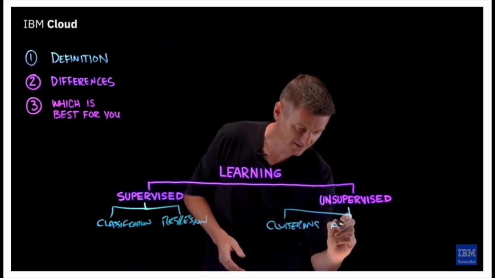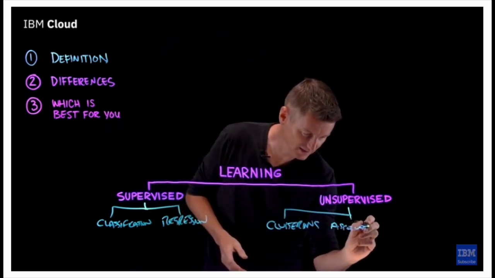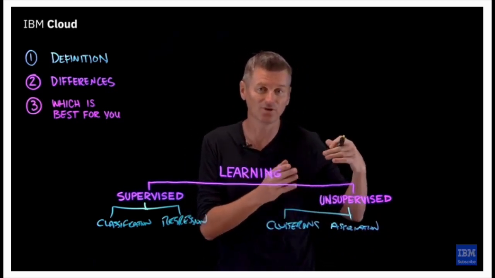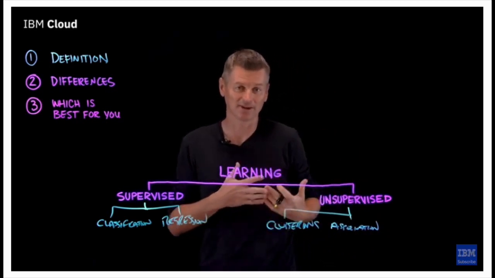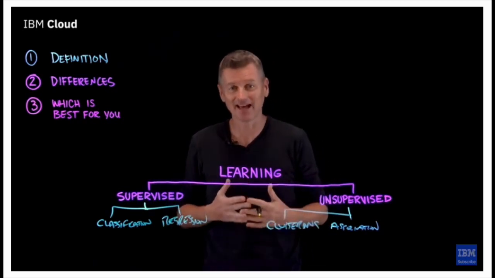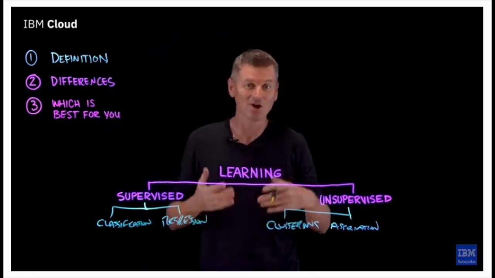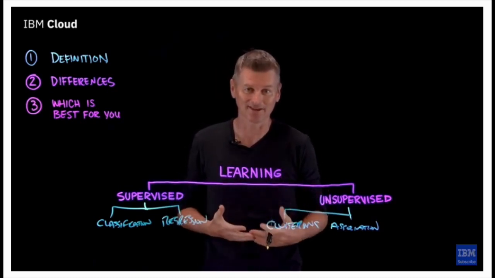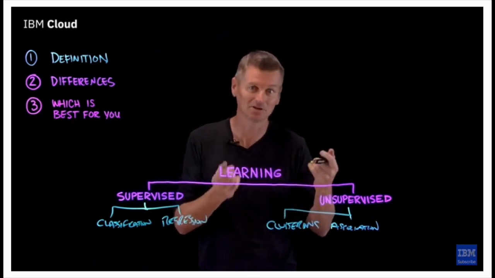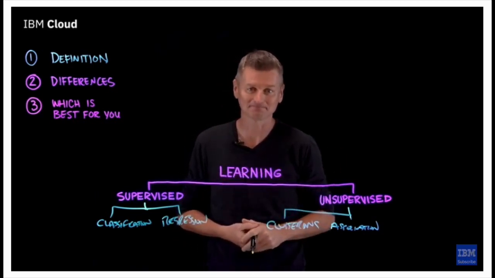Then you have association. Association is where the algorithm looks for relationships between variables in the data. Association rules are often used in market basket analysis, where businesses want to know which items are often bought together. Something along the lines of customers who bought this item also bought, that sort of thing.